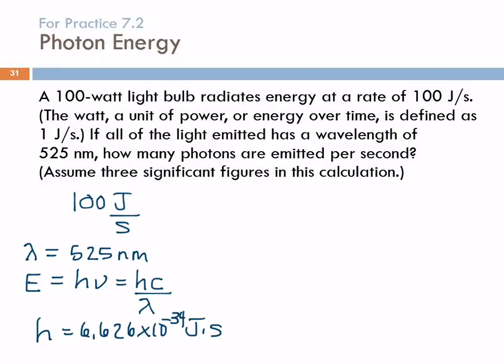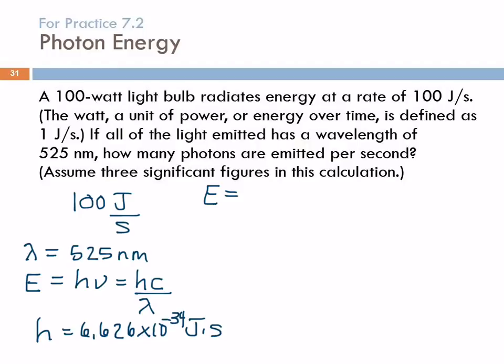Well, we have a wavelength, and we know what Planck's constant is. We know what the speed of light is. Could we calculate energy? Yeah, we could just put these things together. Let's do that.